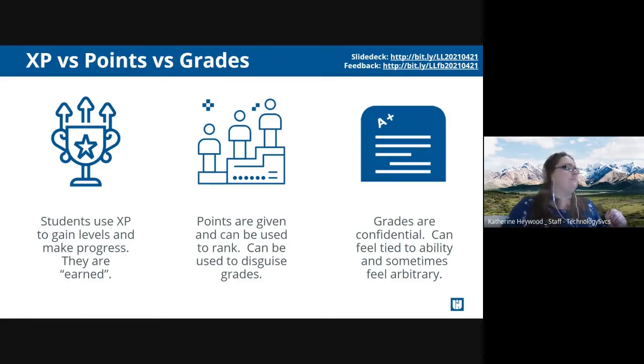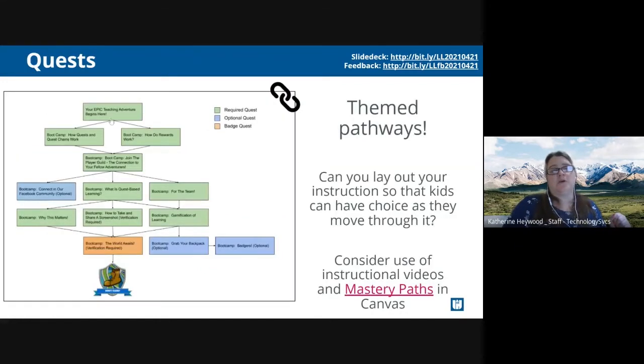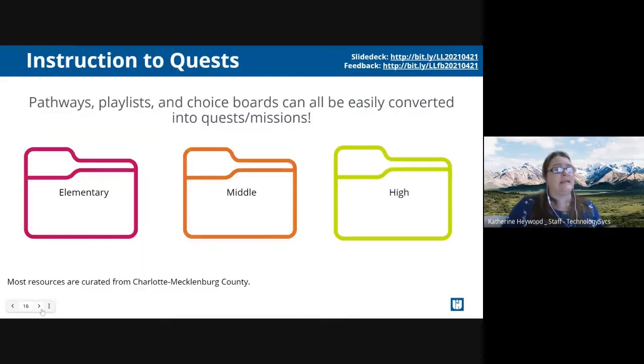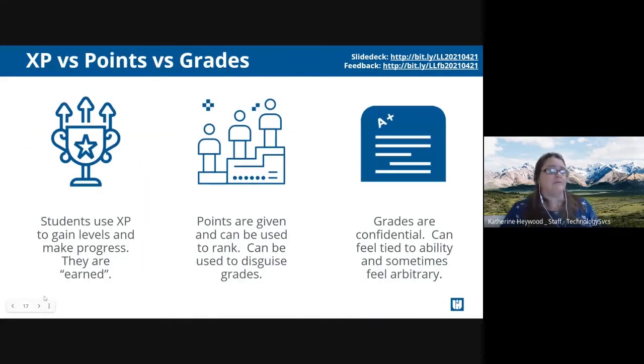So going back to this example with this quest map here, if I complete this quest or this mission, maybe that gets me 3 XP, 3 experience points. And then I complete this one, that gets me 2. There's my 2 XP. I've now leveled up. And so you can connect that idea of experience points and levels to the things that they're doing.